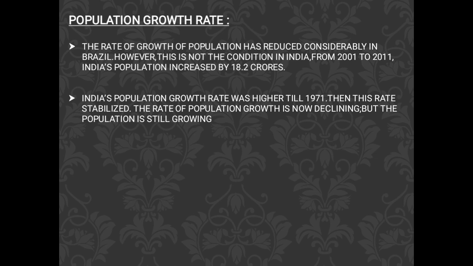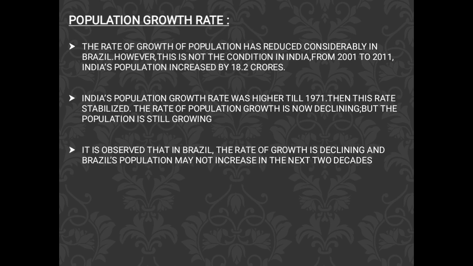India's population growth rate was higher till 1971. Then this rate stabilized. The rate of population growth is now declining, but the population is still growing. It is observed that in Brazil, the rate of growth is declining and Brazil's population may not increase in the next 2 decades.